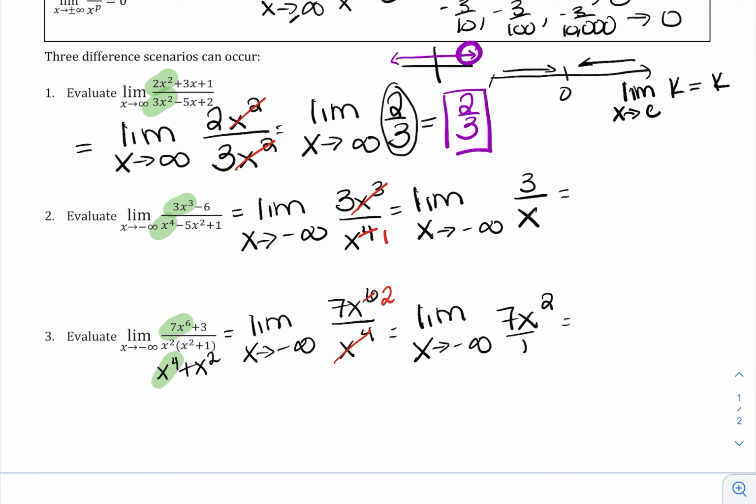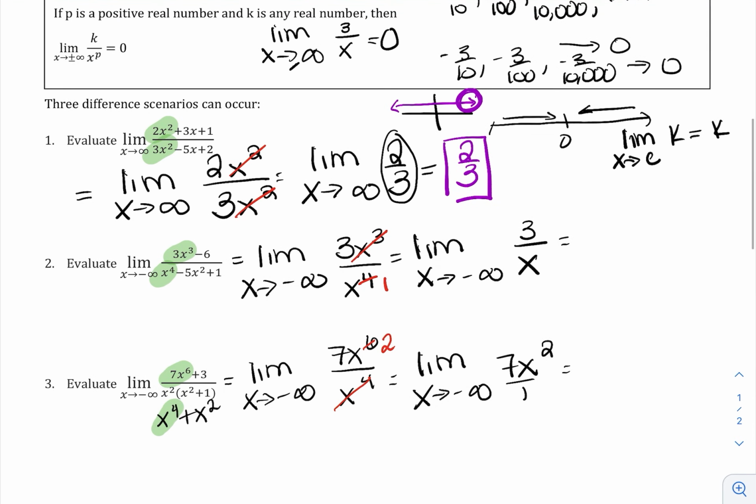In the next one, we use the limit we just learned at the top here, which actually I wrote 3 over x, and I forgot that it was going to be 3 over x, so it worked out well for us. So we just saw that if you have the limit as x goes to positive or negative infinity of a number over x, that is going to go to 0. Because the fraction is going to get smaller and smaller.